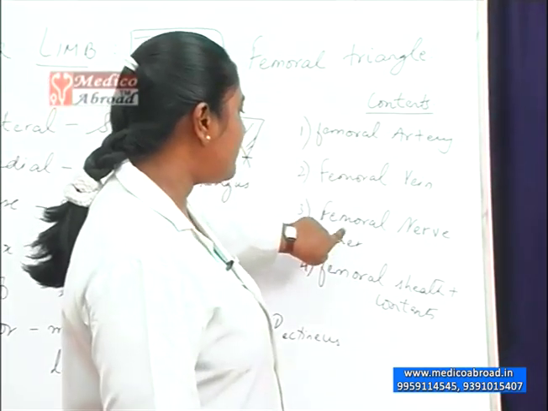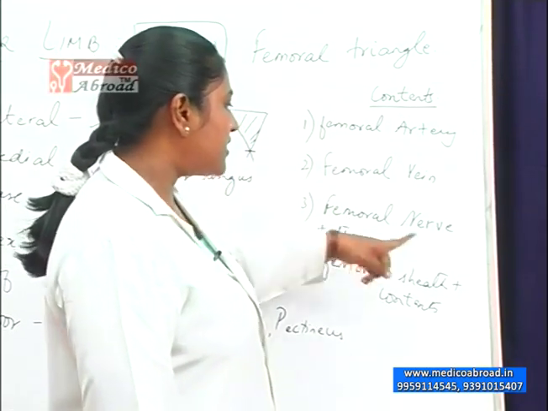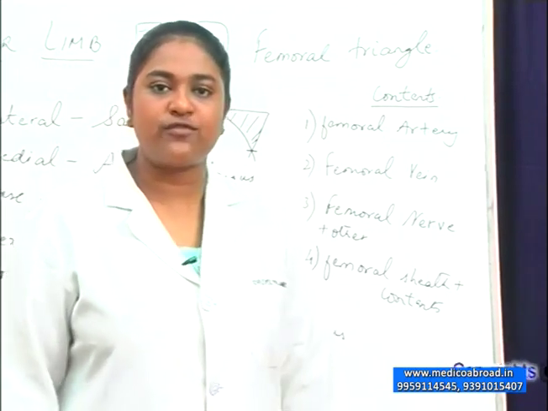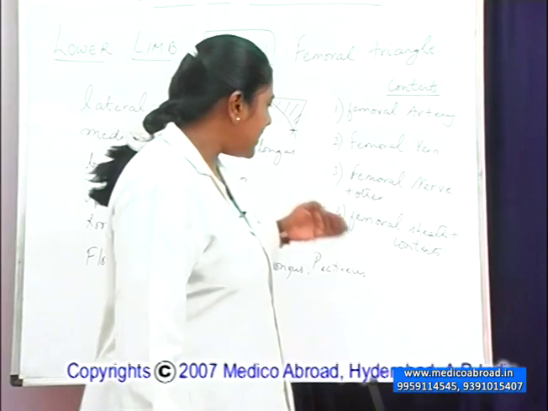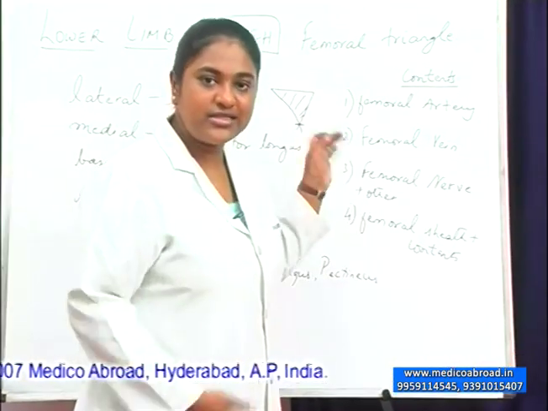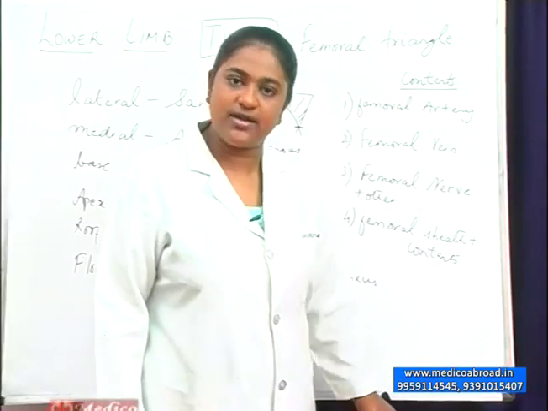And you also have nerves, the most important of which are the femoral nerve and other branches of the lumbar plexus. Now what we're going to study is individual parts of this femoral triangle. We're going to start with the femoral sheath and the contents.